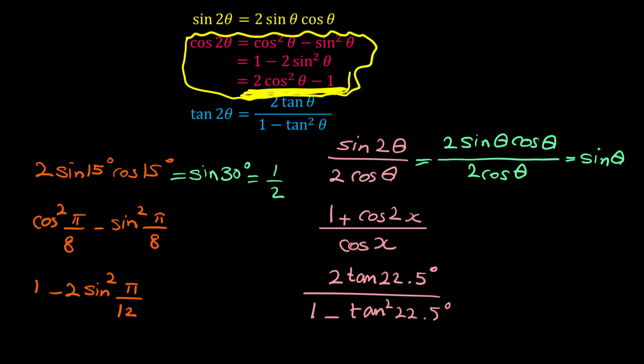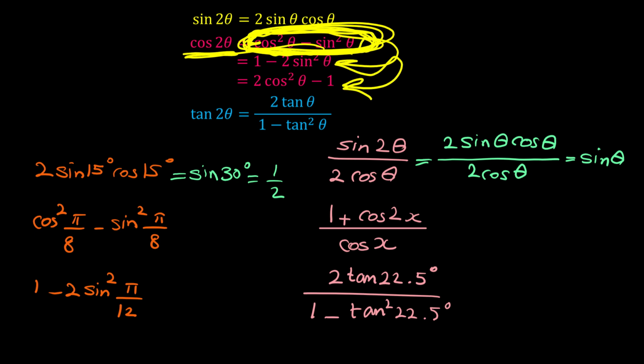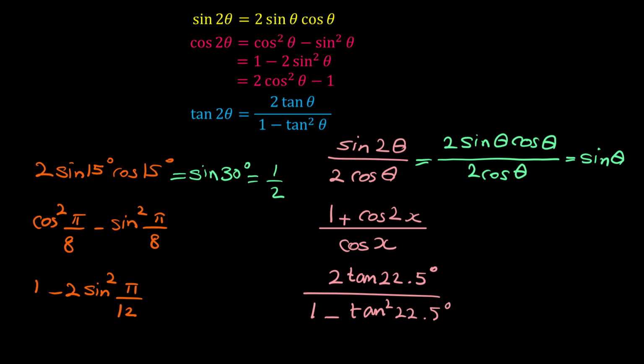Maybe you wonder why we have 3 formulas. Because basically these are not 3 formulas. These are one formula, the main formula for cosine of 2 theta is this. But with the aid of the Pythagorean identity, we can write this expression in these 2 forms. So these 3 formulas seem to be different, but actually they are the same.